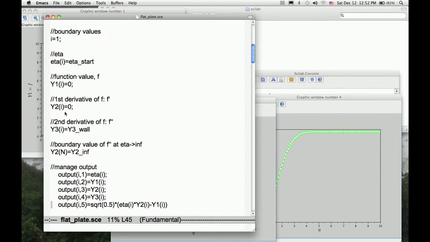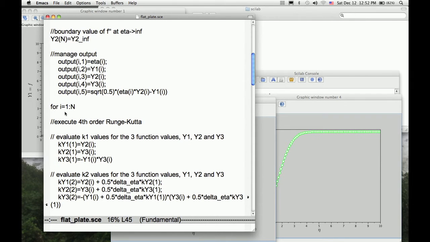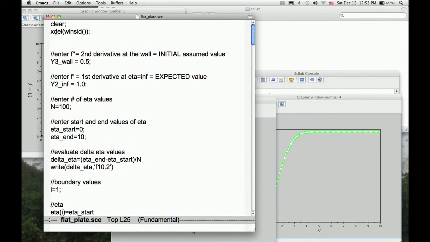Physically, what I know is the y2, at the free stream, or at the edge of the boundary layer, is going to be 1, or infinity, whatever we have written here, f star.